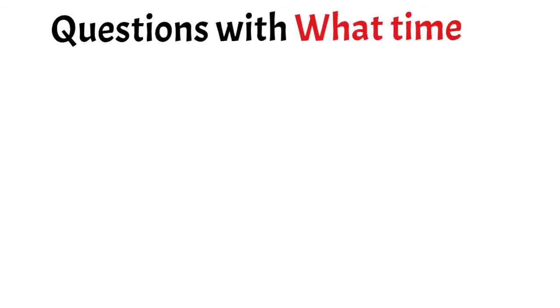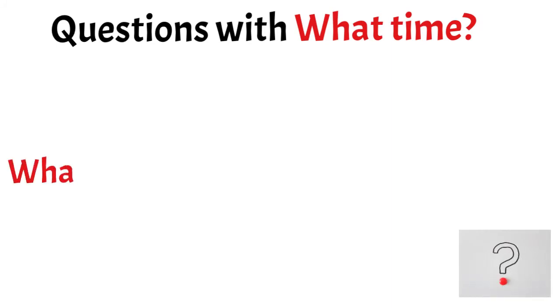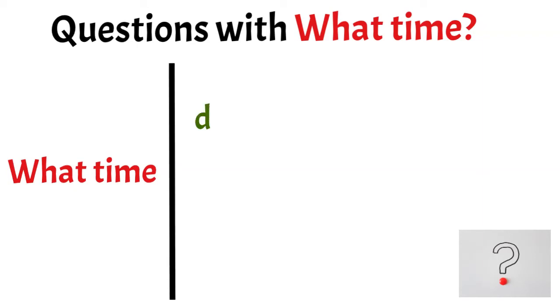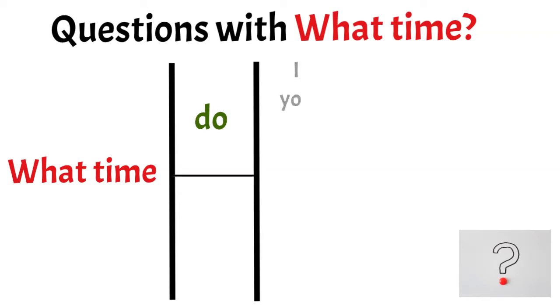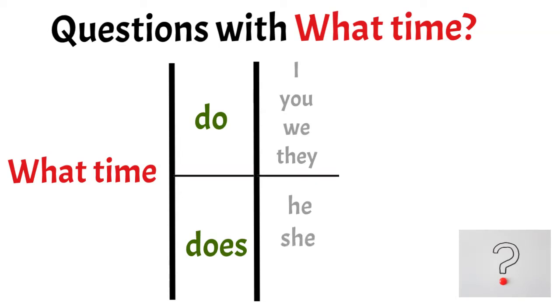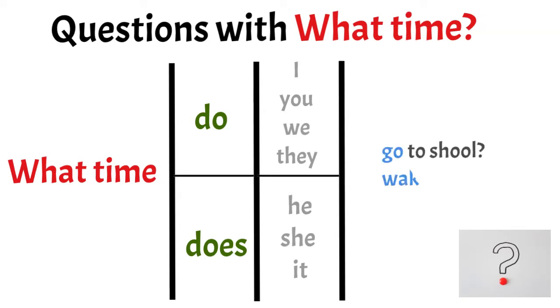Questions with what time? What time plus the auxiliary do for the pronouns I, you, we, they, or the auxiliary does for the pronouns he, she, it, plus the simple form of the verb go, wake up, do, plus the complement to school, homework.